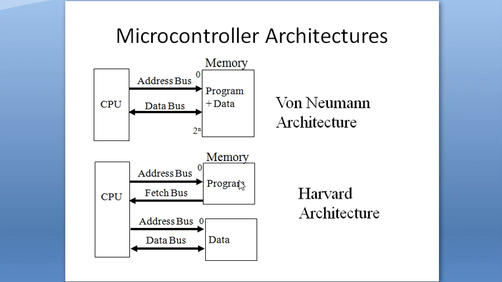Whereas in the Harvard architecture, we have two different memory sections, where one section is meant for the program and the other section is meant for the data. For both of these memories, we have separate address and data buses available. This is how we handle the Von Neumann and Harvard architecture for the microcontroller. Next things we are going to look into in the next video.